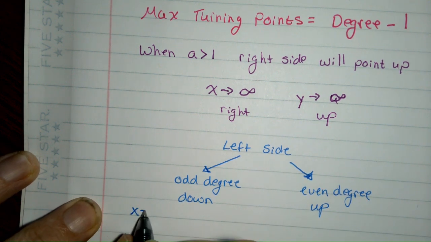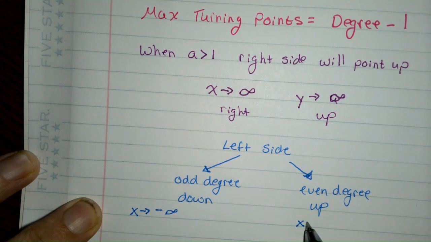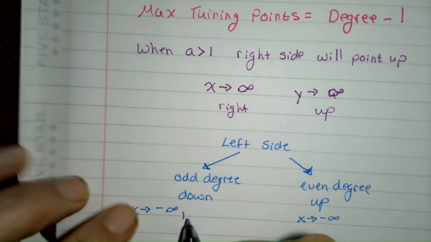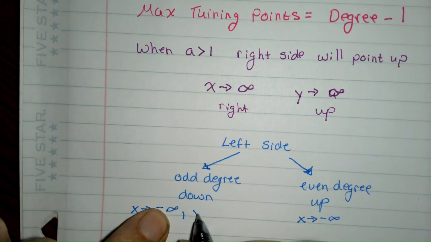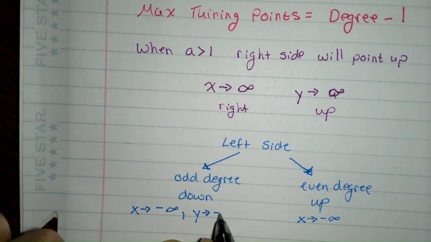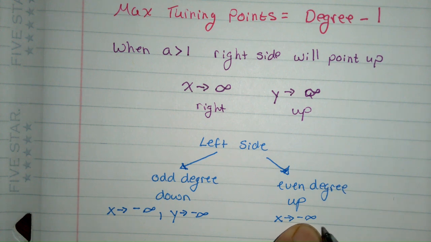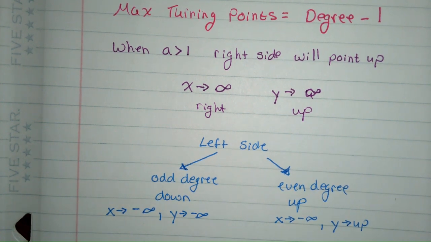So the left side would be x being negative infinity, right? Here, when x went left, y went down. Here, when x went left, y went up. I'm going to explain those little arrow notations better in just a second.